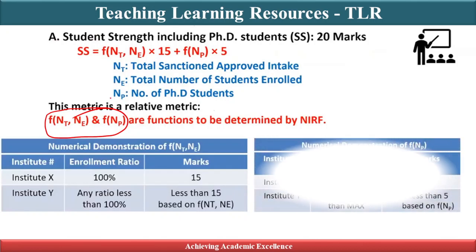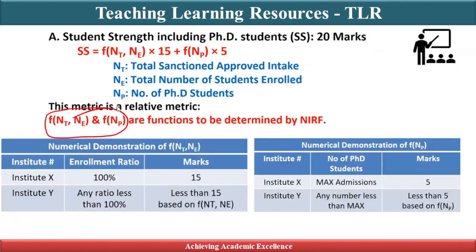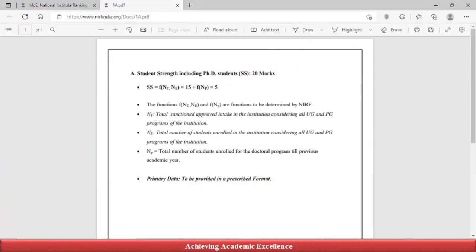In a similar manner, there is a function F of NP. F of NP is related to PhD students. If you have got maximum admissions, you will get 5 marks. If you don't have any admissions in your PhD program, you will get 0 marks. As I told you, these are relative metrics, as they are associated with a function.